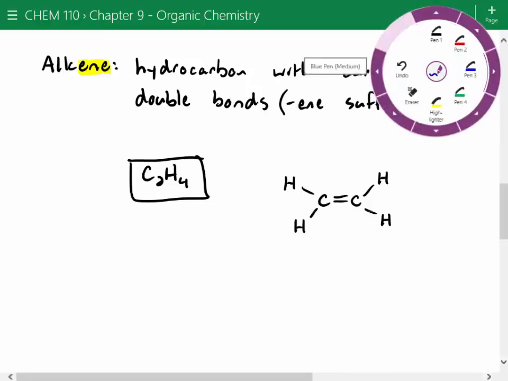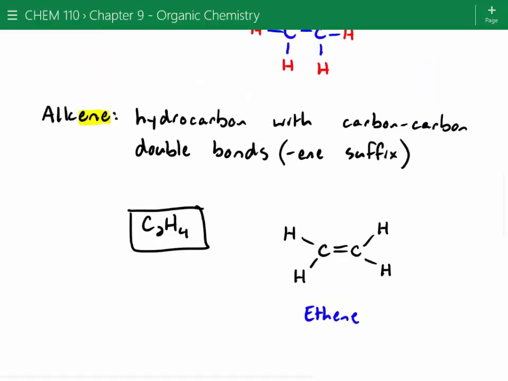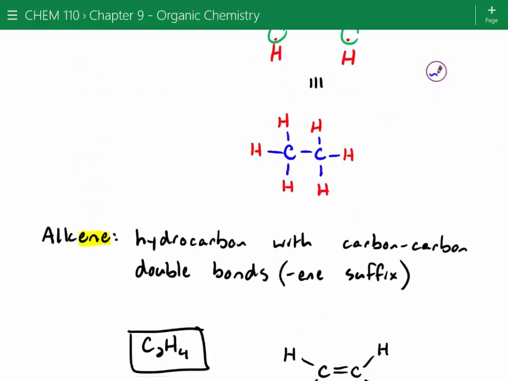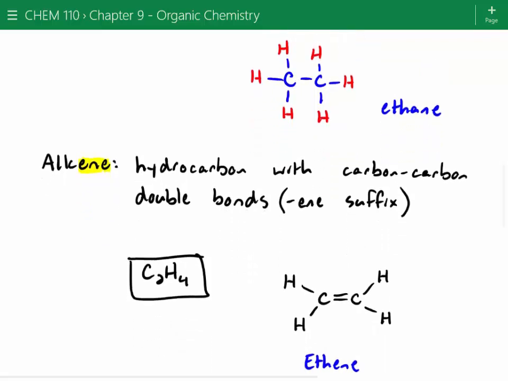So this would be called ethene. Some people call it ethylene. And then this one would be called ethane. So they sound really, really similar, but in this case, the suffix is the difference here, right? So ethane has an ANE, ethene has that ENE suffix.